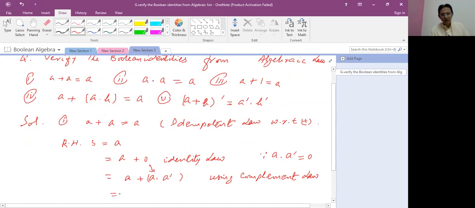In the next step, we apply here, if we consider A plus A dot A complement, the distributive law. According to the distributive law, (A plus A) dot (A plus A complement), using the distributive law.